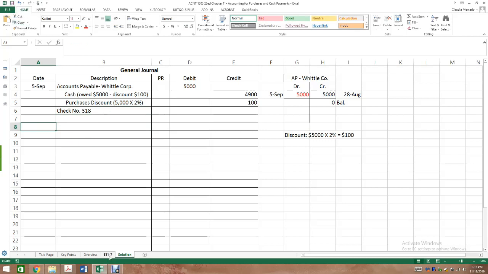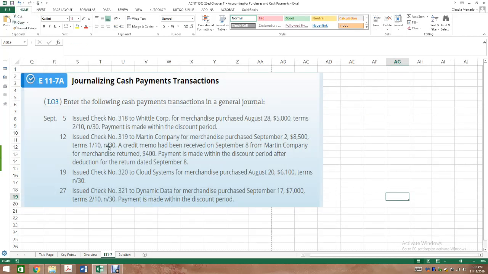The next thing, we have another check issue. Check 319 to Martin Company for merchandise purchase on September the 2nd, $8,500, terms 1/10, net 30. Now here it gets a little bit more challenging because we had a credit memo. That means a credit memo was received on September 8th from Martin Company for merchandise return.